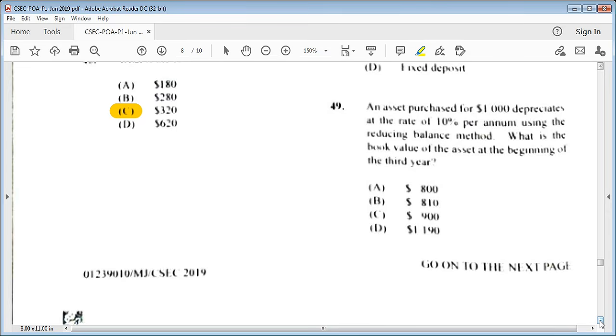We get $900. So that's the first year. The second year, we find 10% of $900, which is 90, and we take away 90 from $900, we get $810 for the third year. So our answer would be B.